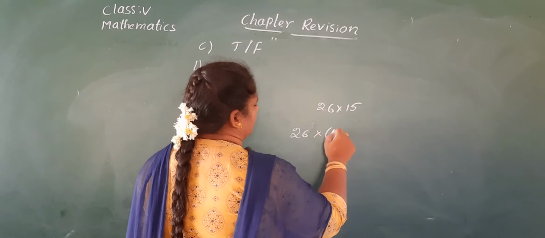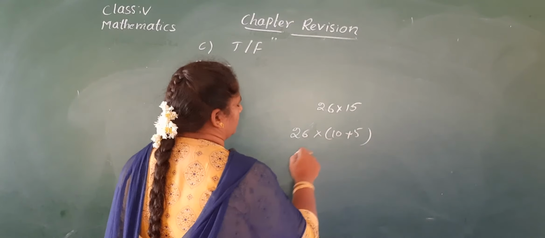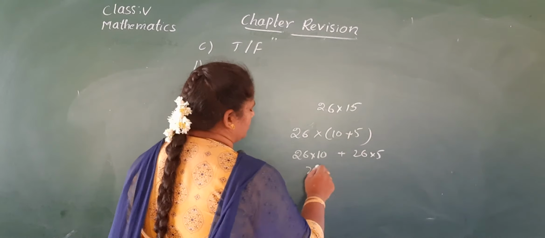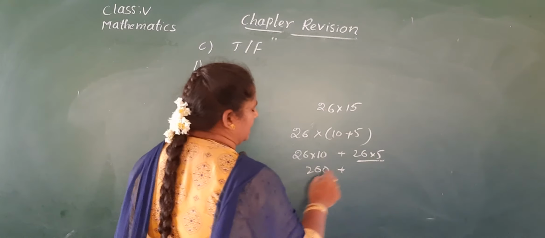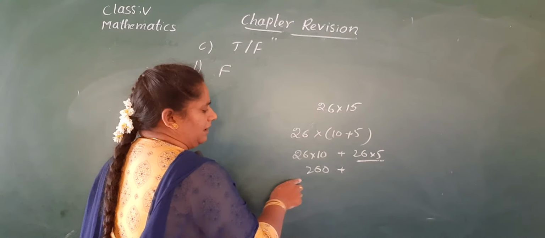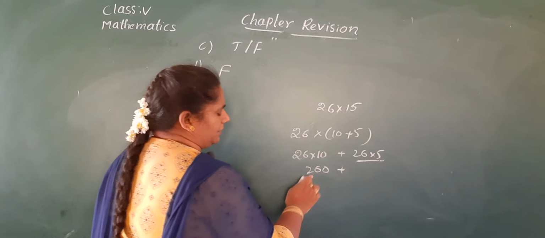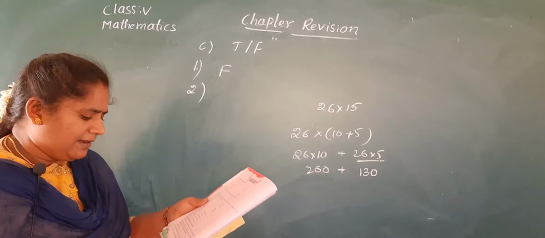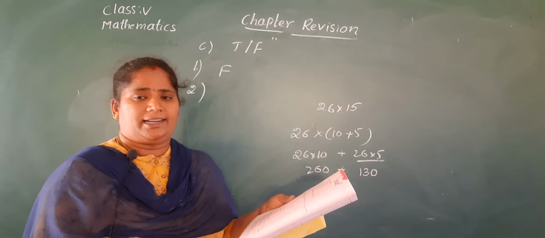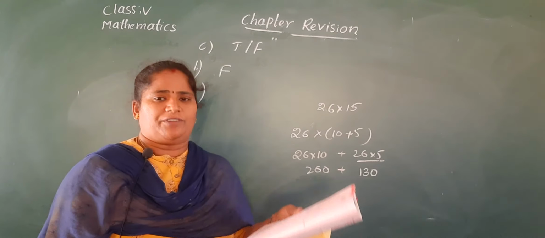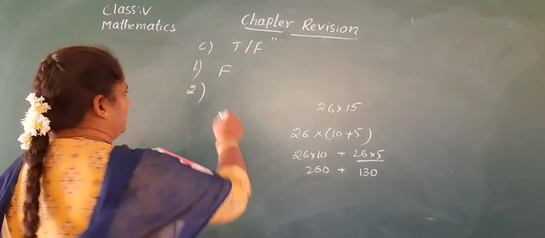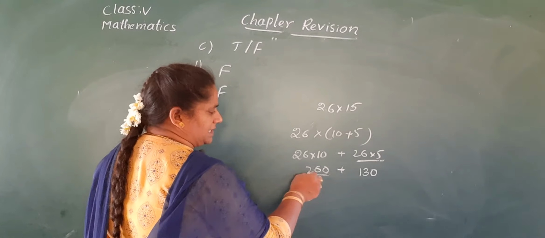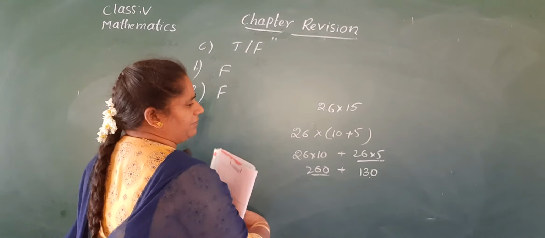So 26 into 10 plus 5 you write. 26 into 10 is 260. And we take half of this product, isn't it? We are not doubling this product. We take half of this product, that is 130. But they have given that double the product obtained and add the same to the first product. That is wrong. So we'll put F. We are not taking double, Nana. We are taking half of this number. So 130, after that we add.